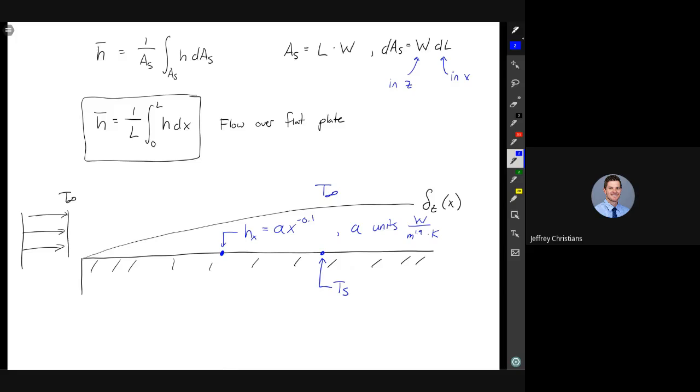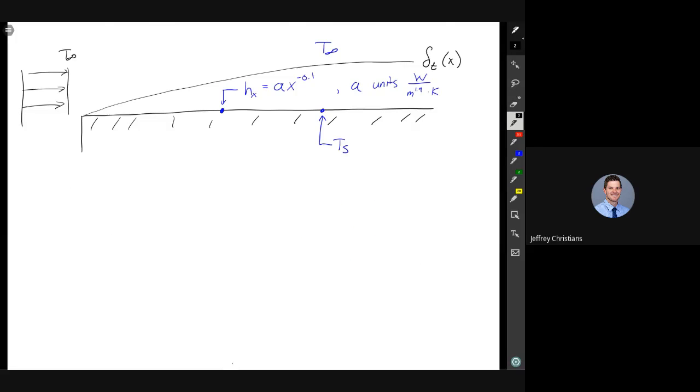Okay, so we have some function. There's a constant A that has these weird, goofy units, and this maybe gives you an idea that we're going to be dealing with empirical relationships a lot of times, because we can't necessarily always deal with exact relationships. But h is going to change with x.